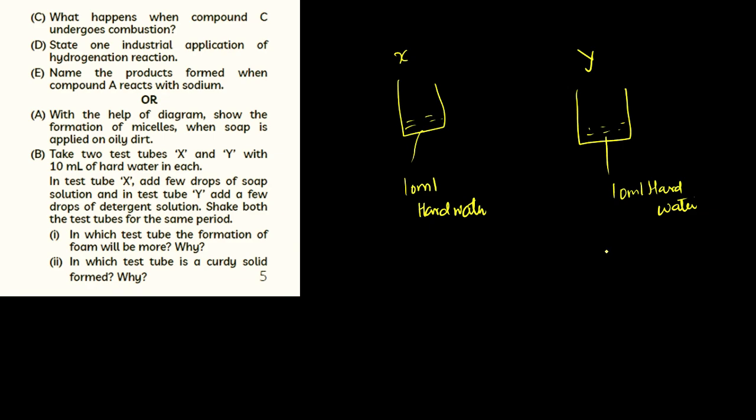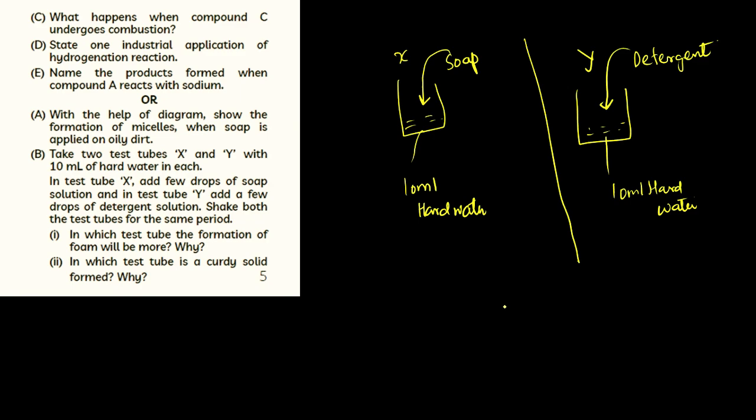In test tube X add few drops of soap. In test tube Y add few drops of detergent. Now it is a comparison between the action of soap and detergent in hard water.